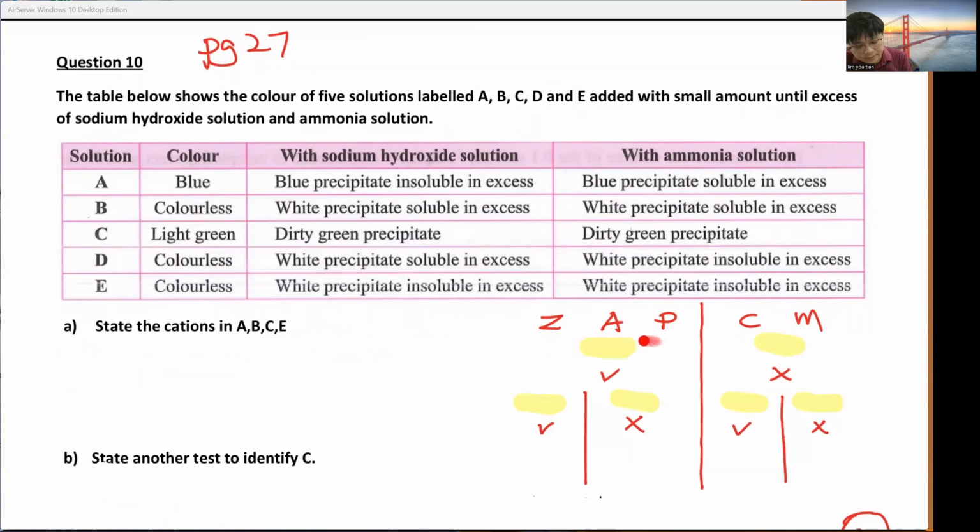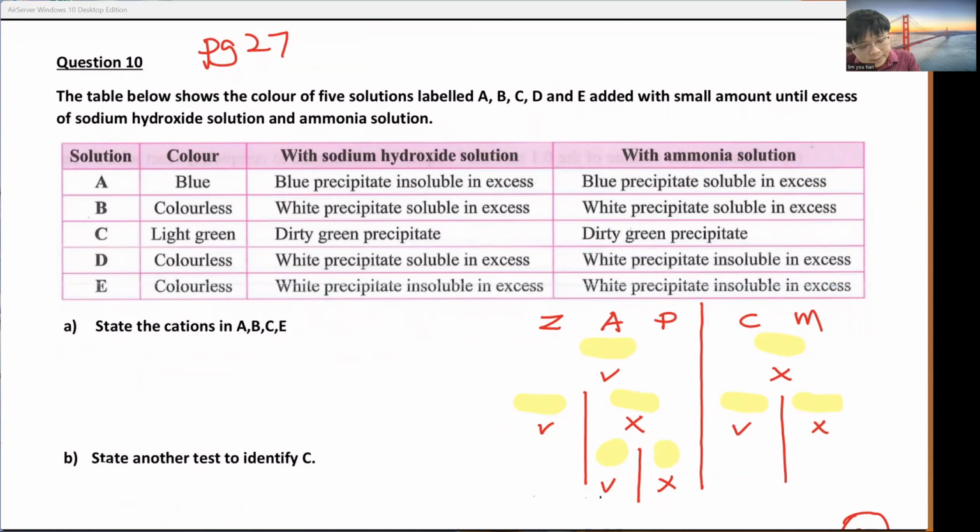Separate the Z and AP, separate the C and M, then you separate the A and P. Technically, it's quite simple to memorize because it's tick cross, tick cross, tick cross, tick cross. Everything is the same.